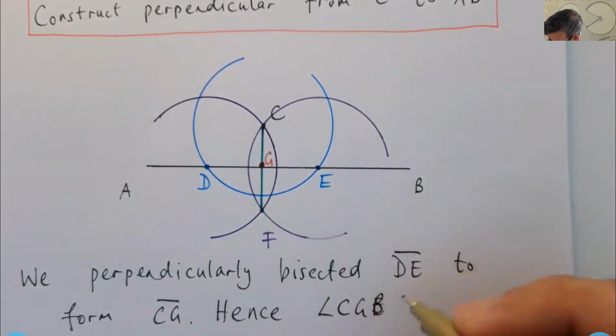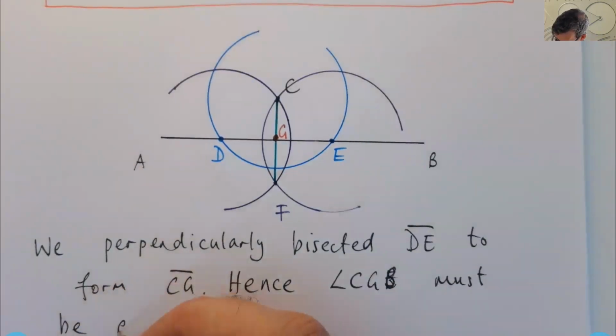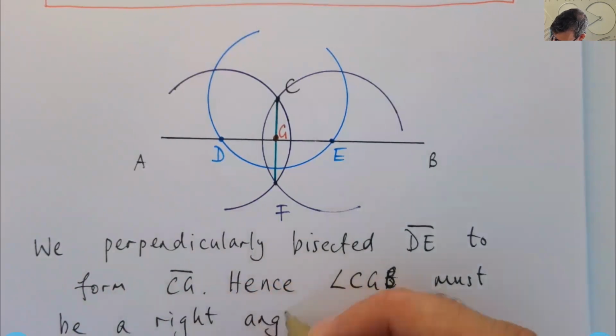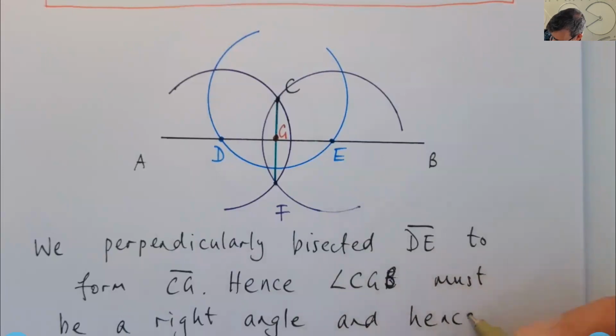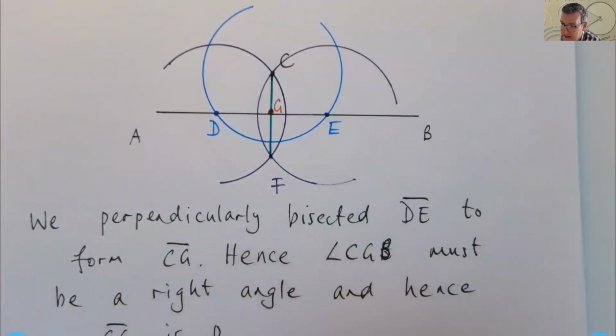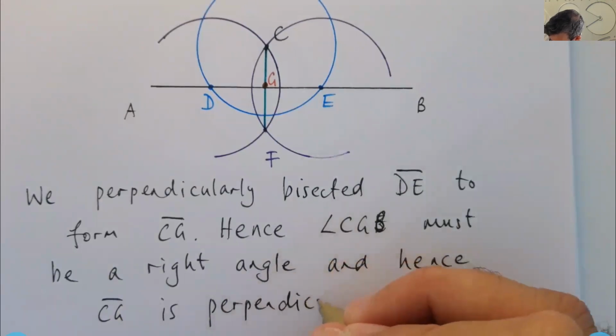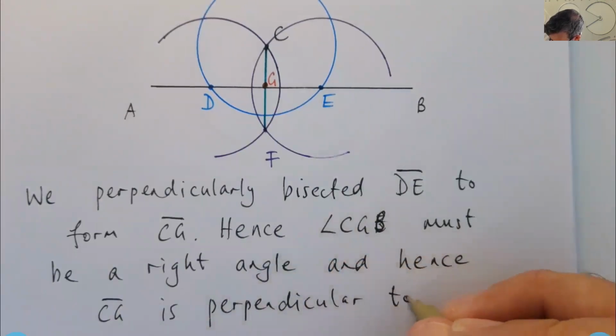Let's put B in, they're the same angle. So it must be a right angle. And hence CG is perpendicular to our given line segment AB. Awesome.